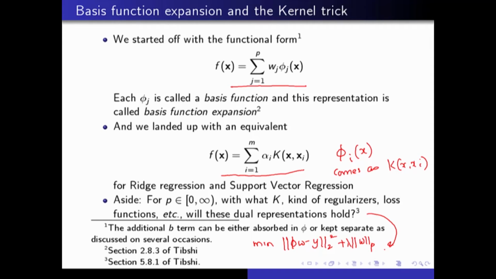The question is, for what kind of p will these dual representations hold? Will this hold for p equals 1? It isn't necessary that you can recover this dual form in terms of kernel for all choices of p.